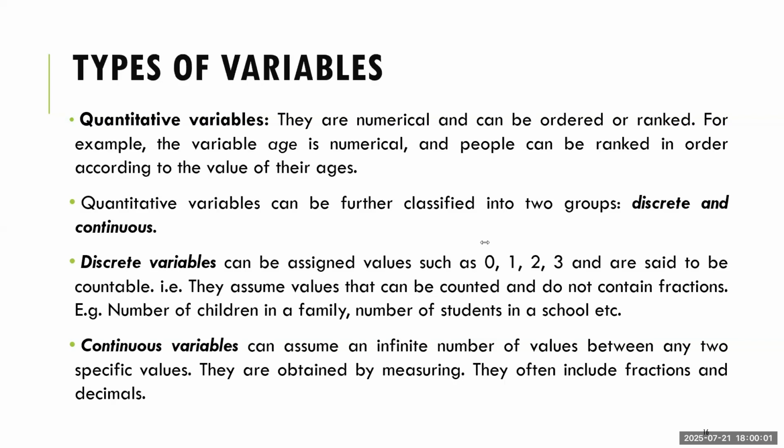These discrete variables are variables that are usually counted. For example, number of beds in a ward. You cannot have 23.5 beds. Is it 22 or 23 or 24? You can't have a bed with a fraction, right? So that's a discrete variable.